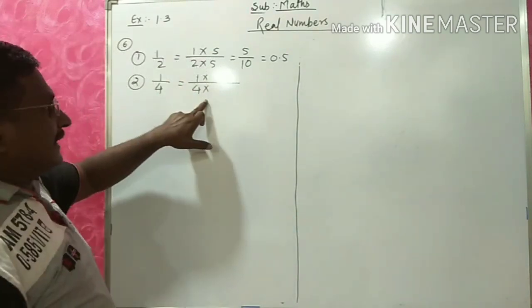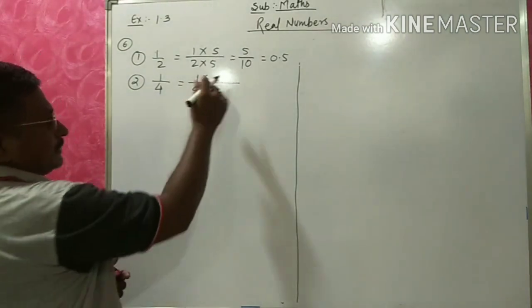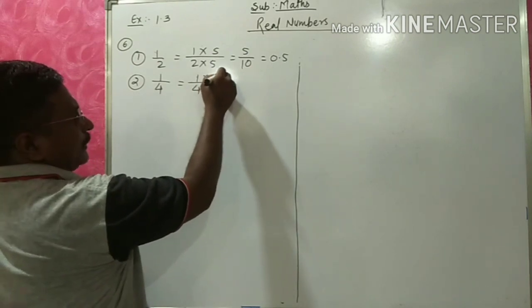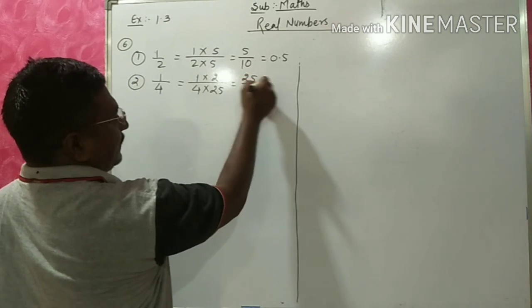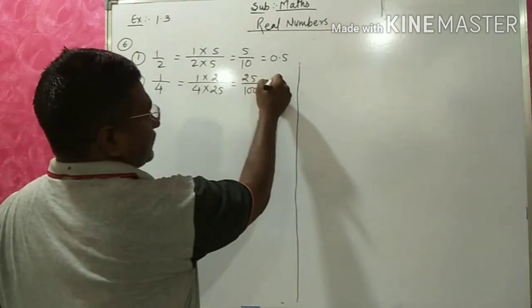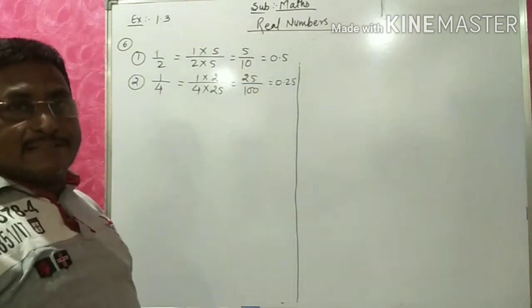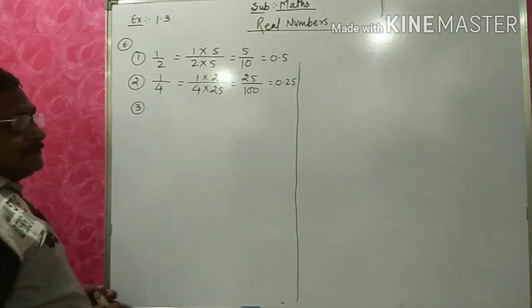Understood, students? So here 10 is not possible, so we make it 100. Which number do we multiply by? 25. So we get 25 by 100, which is 0.25. Is it a terminating decimal? Now another example.